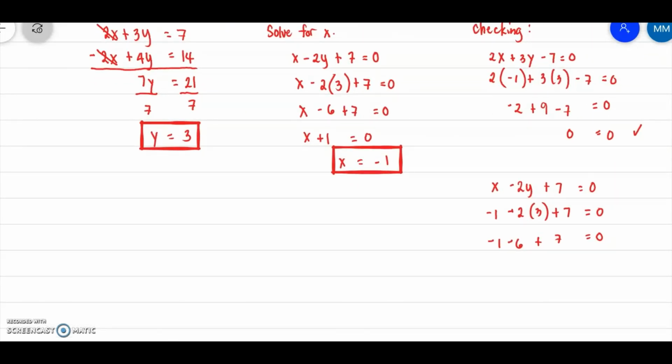So negative 1 minus 6 is negative 7 plus 7 is 0. So we have 0 is equal to 0, meaning our solved values for x and y are true for the second equation. And since they are true to both of our equations, the solution to the system is x is negative 1 and y is 3. So we have negative 1 and 3.